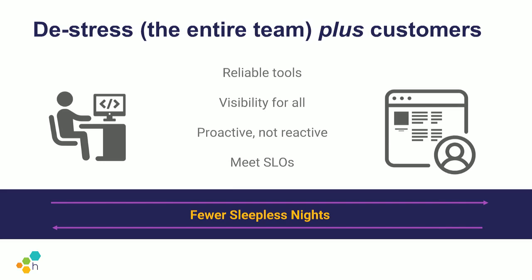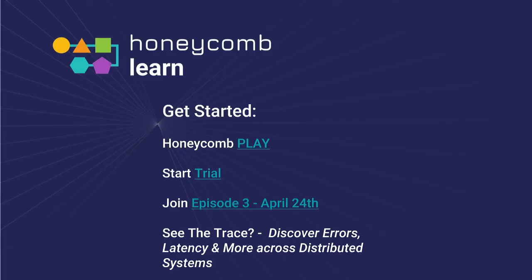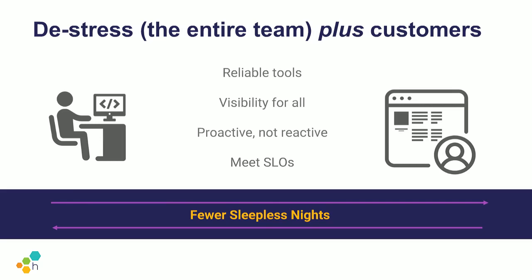Awesome. Thank you, Michael. So to recap what we went through today, really importantly, before we move to questions, the entire team across your organization, from the developers to ops to devs that work in ops to SREs, customer support, even sales, can now rely on tools that give everyone visibility into what's actually happening in production.